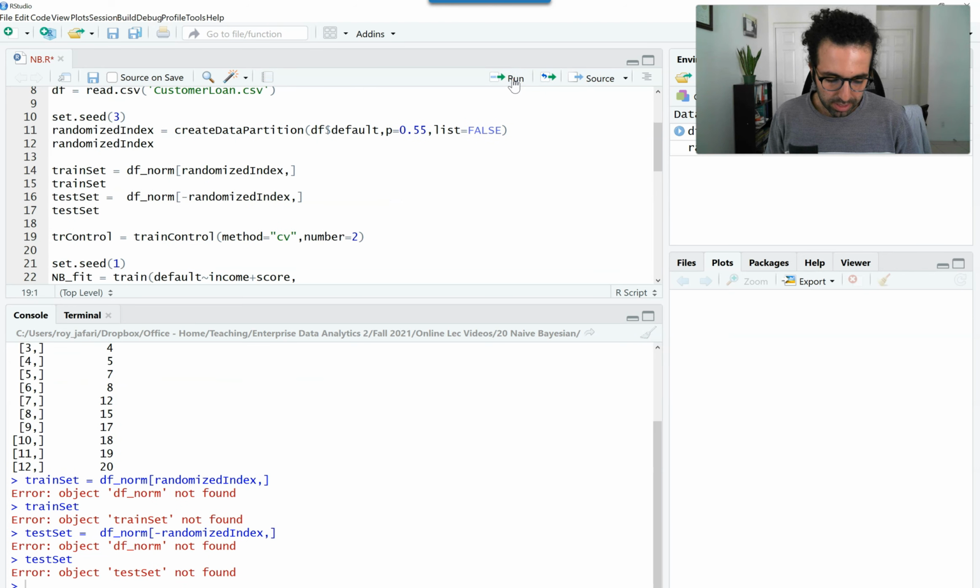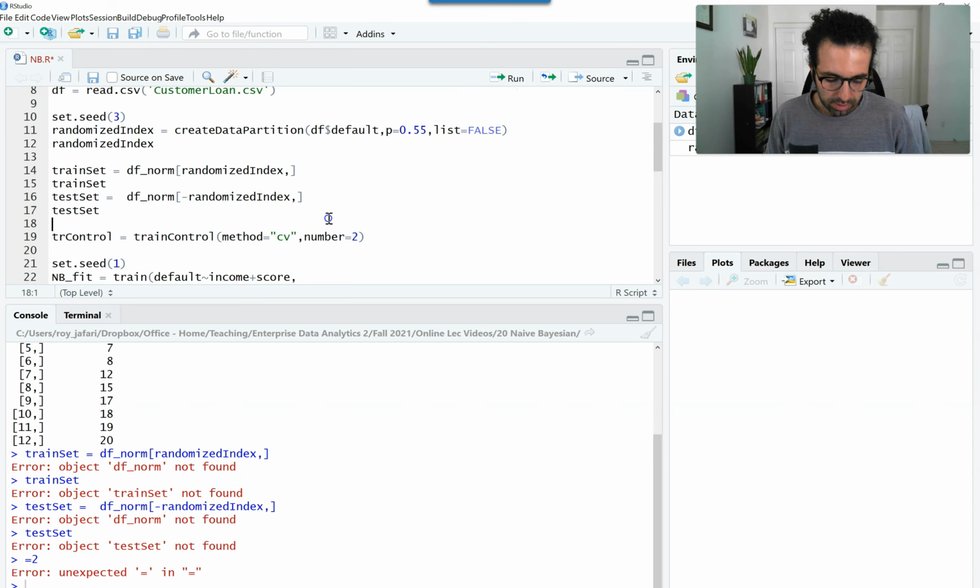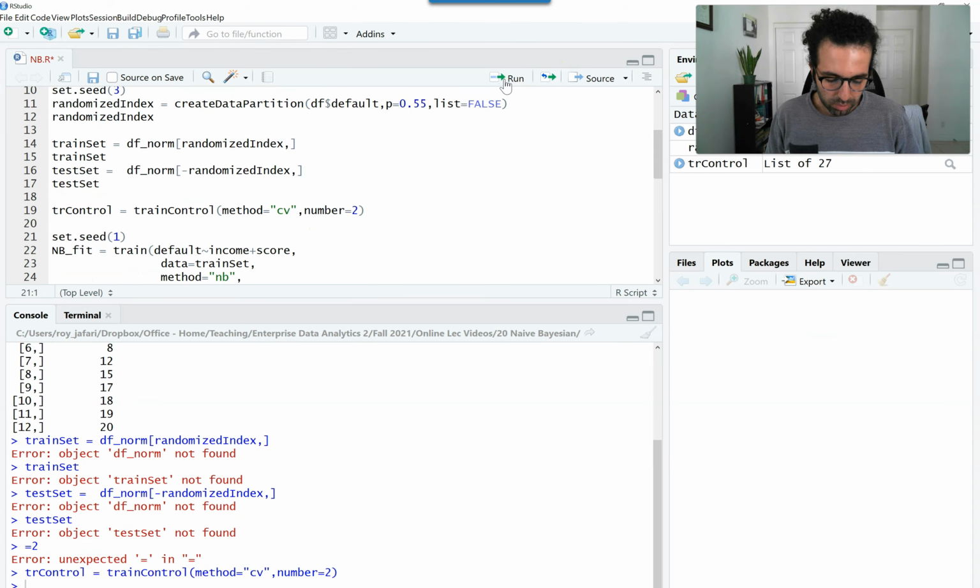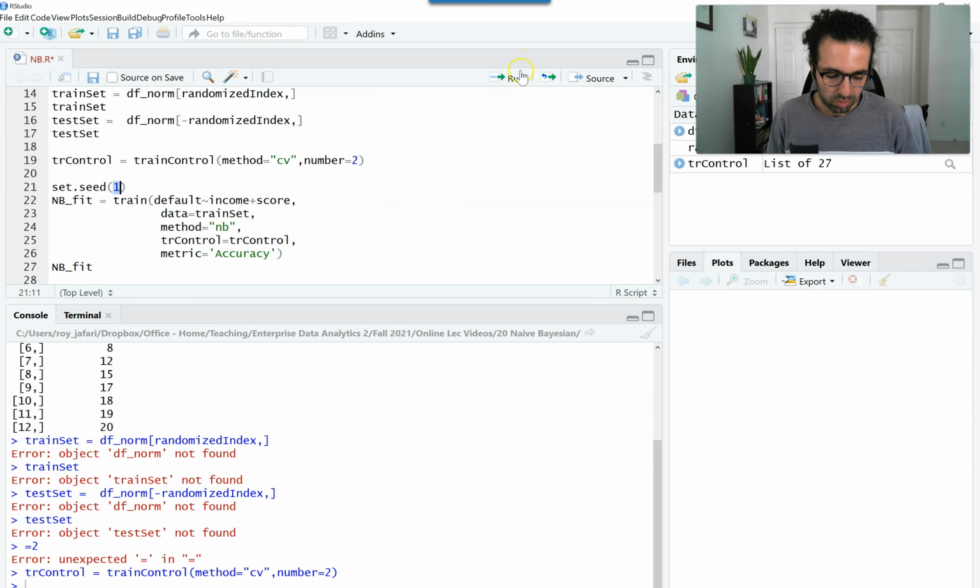Then we say we want to use cross validation with k equal to 2. We also set our seed again, because it's going to randomly split the data into two parts, so we get the same answers.